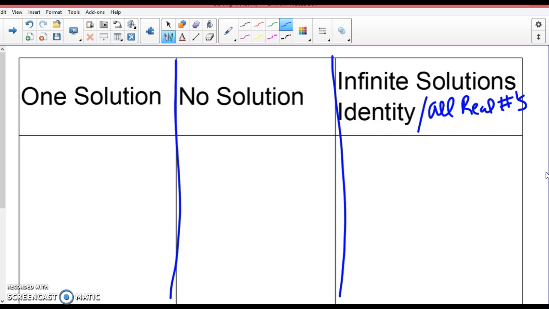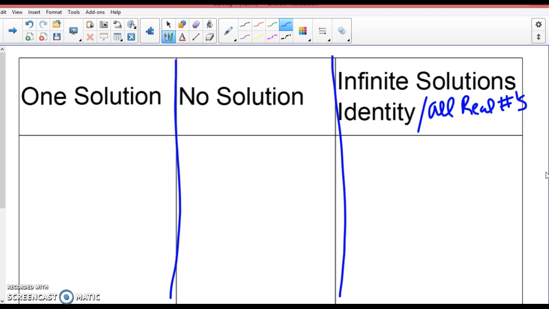Now, up until this very moment, every time you have solved an equation, you have ended up with something like this. X equals -5. Y equals 2 2/3. Z equals 18. When you end up with a variable equals a number, that is one solution.